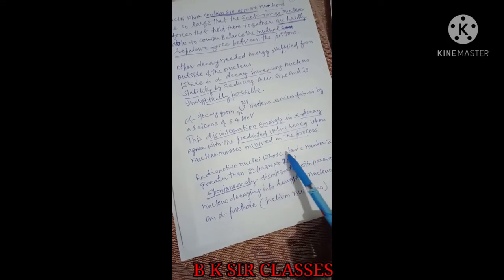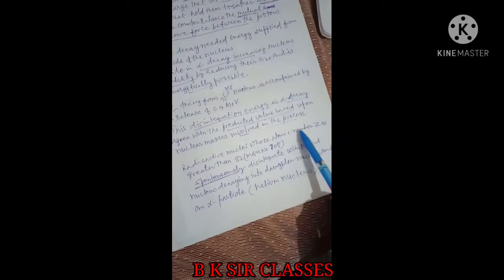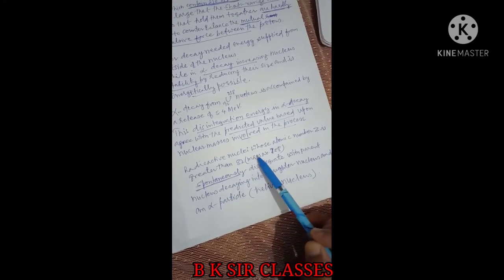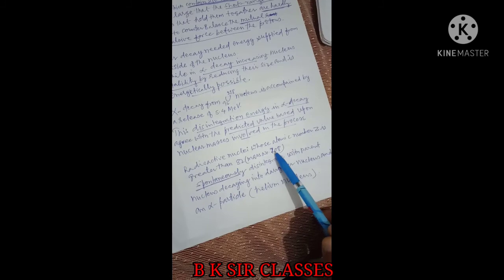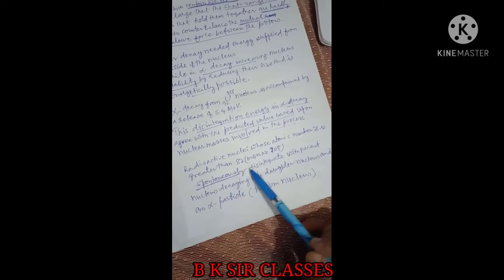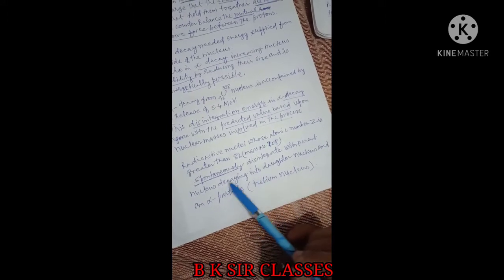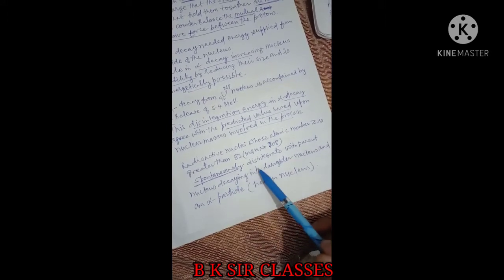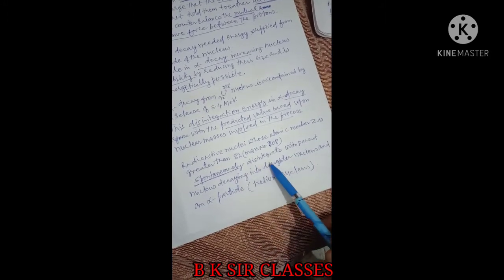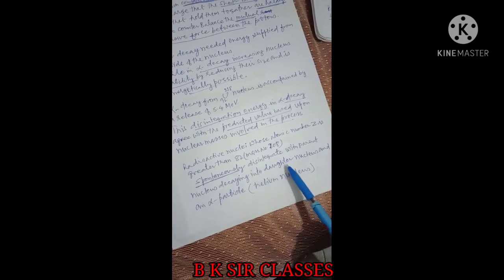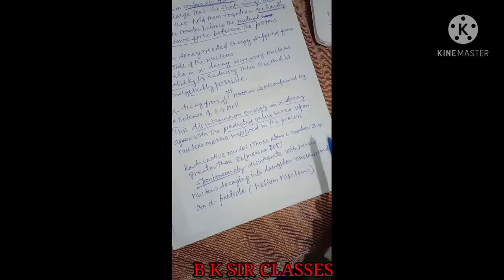Radioactive nuclei whose atomic number Z is greater than 82 or mass number greater than 208 spontaneously disintegrate, the parent nucleus decaying into a daughter nucleus and an alpha particle, that is a helium nucleus.